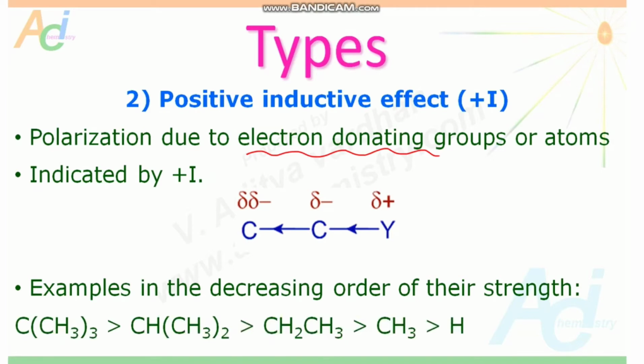The positive inductive effect is shown by alkyl groups. The tertiary group has a greater plus I effect than the secondary, which is followed by the primary, and then the CH3 group. This is the decreasing order of the positive inductive effect.